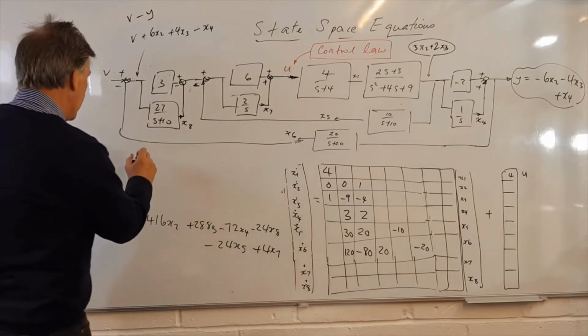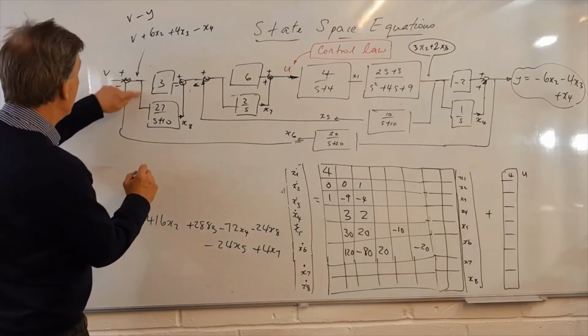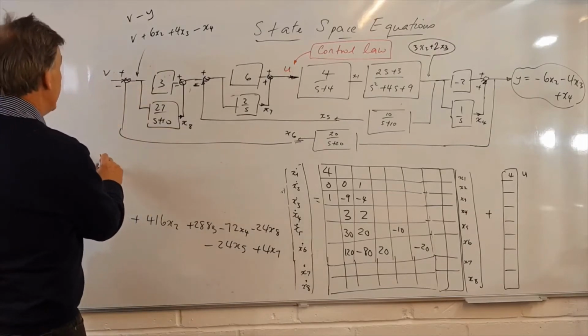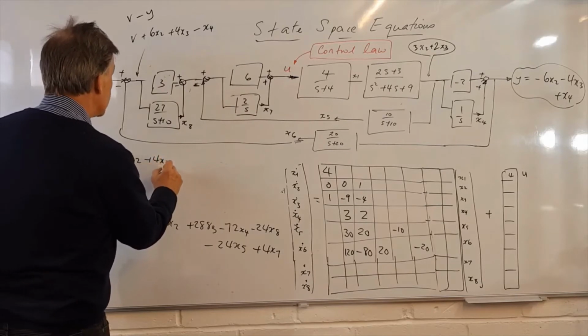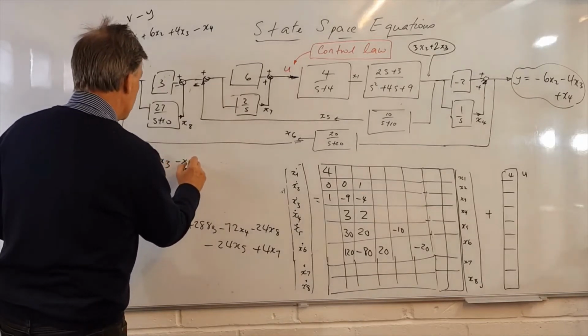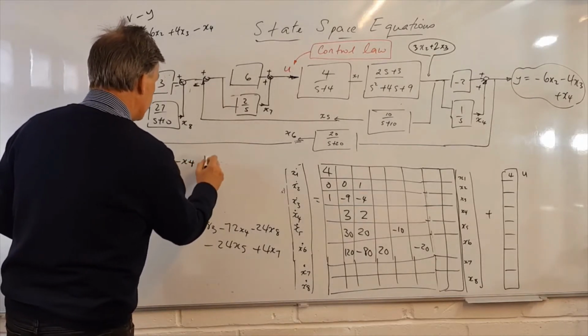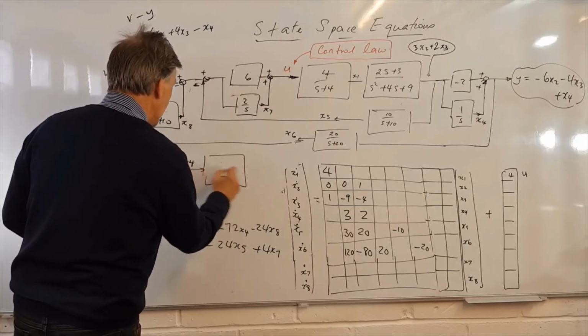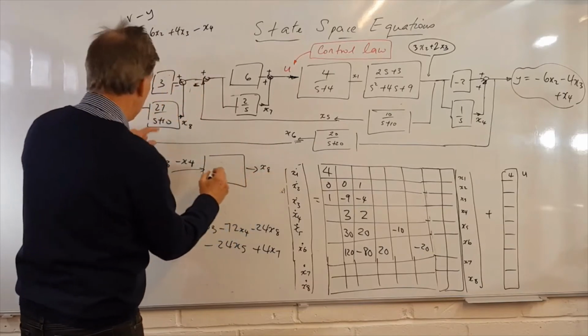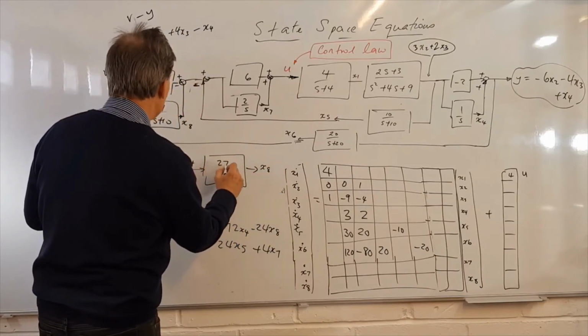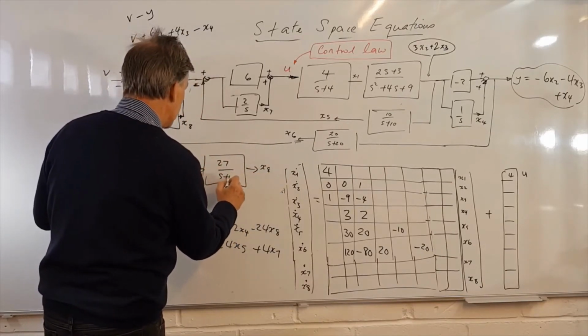x8, we've got a little box, quite a complicated input. We've got v minus 6x2 plus 4x3 minus x4 going into the box. And out of the box we've got x8, and this is 27 over s plus 10.